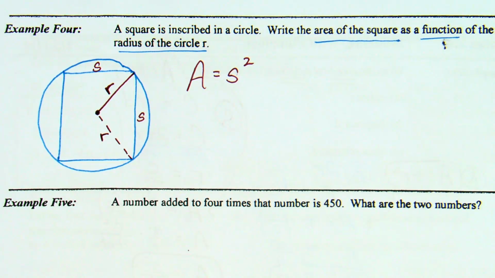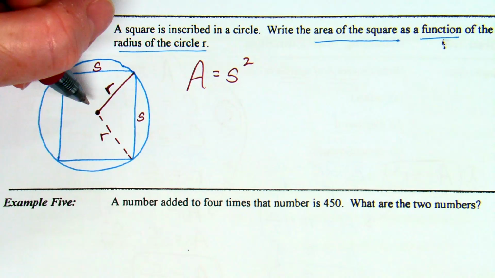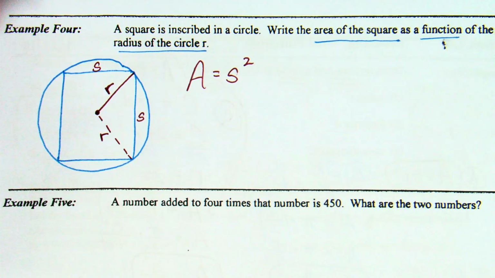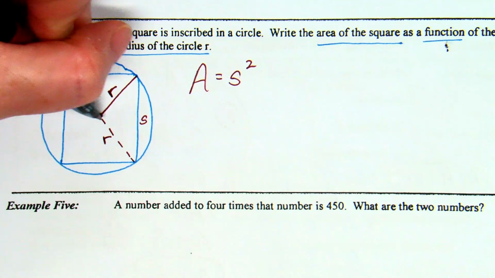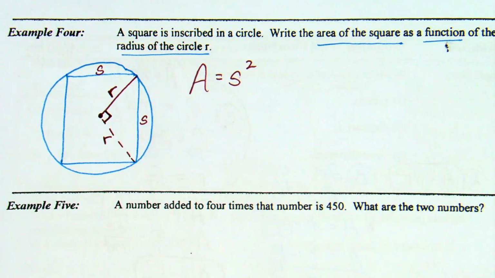If you're going to have four of these triangles around the middle, this angle is going to be a right angle. It would not be equilateral, but it'd be a right triangle.